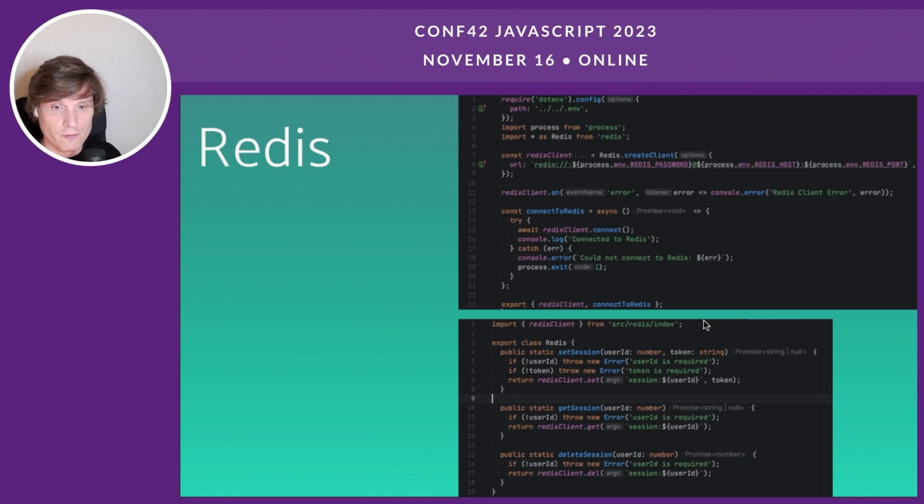We have to create a client. We do this connection to Redis using our env variables, and I just reuse that, and I created a class for Redis in order to simplify the communication requests to Redis, for example, to set session, get session, or delete session, right?